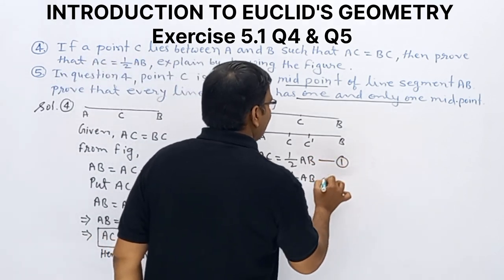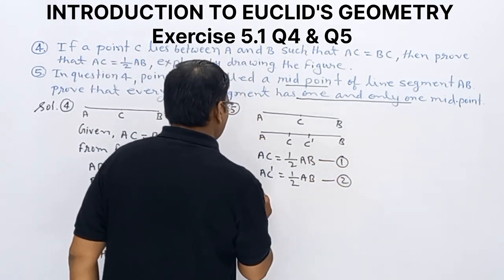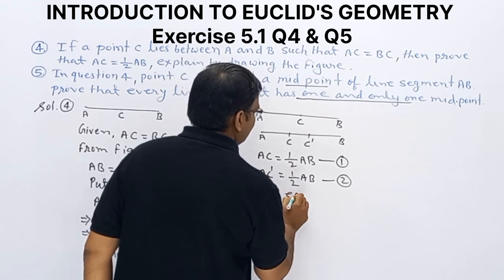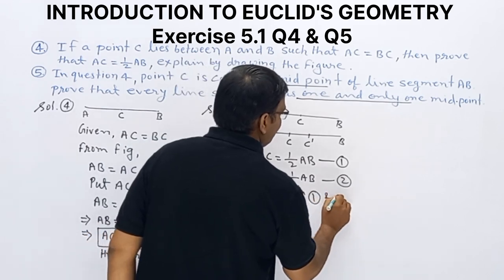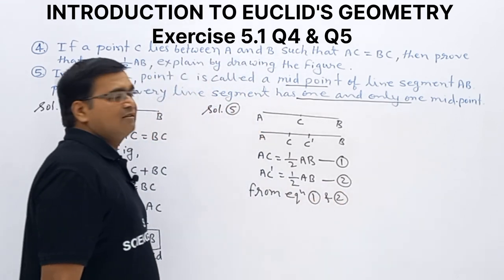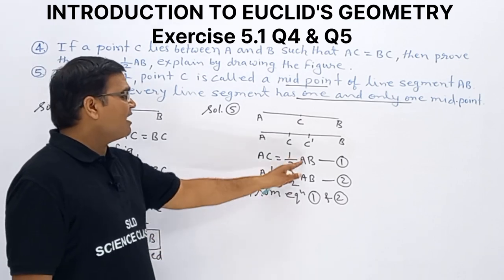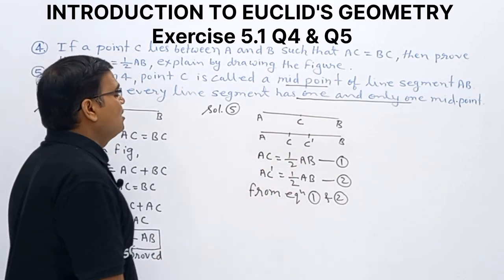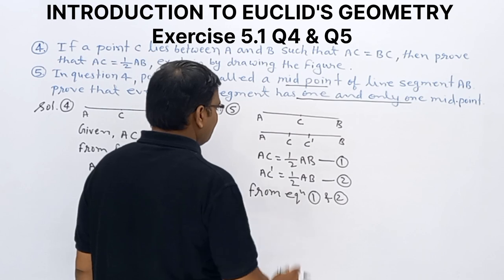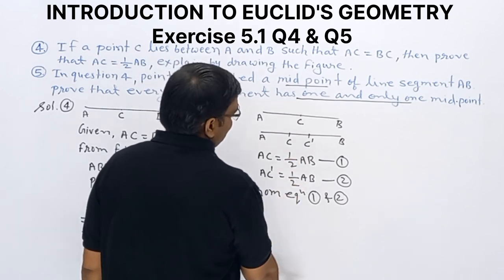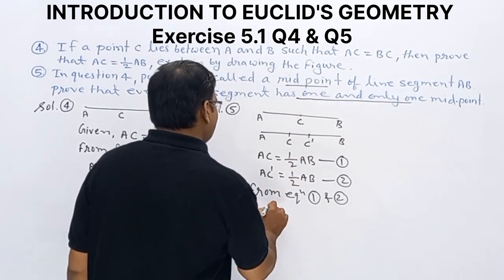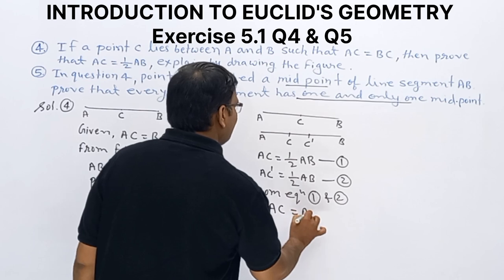From equations 1 and 2, the right side in both equations is equal. So what we can say? AC equal to AC dash.